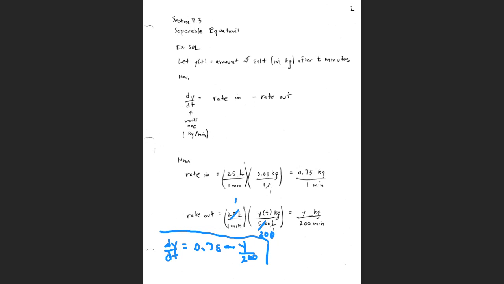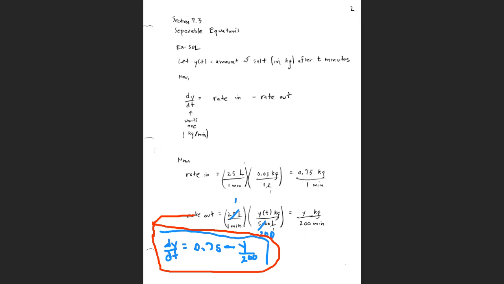All right, well now we have a differential equation to solve. So let's proceed and try to solve this differential equation. Clea, the tank and the brine are two separate things, absolutely.